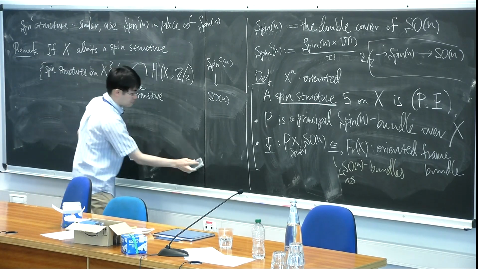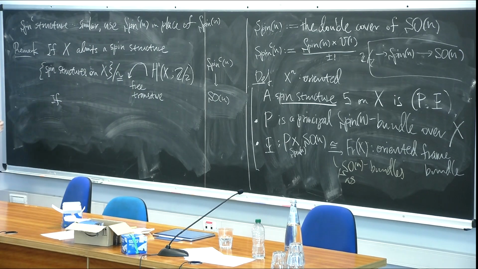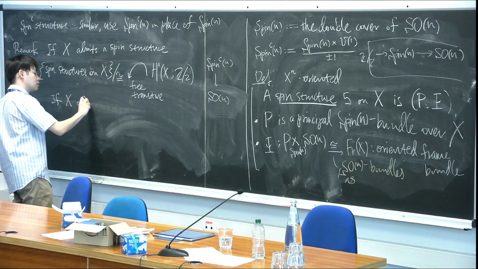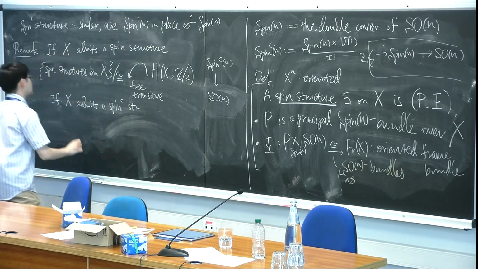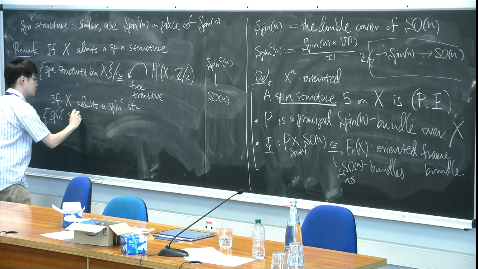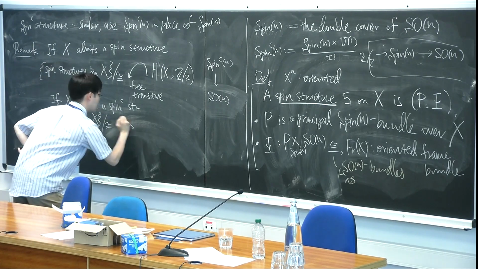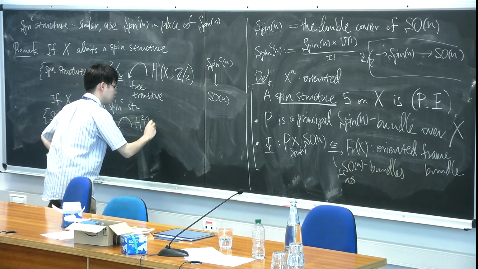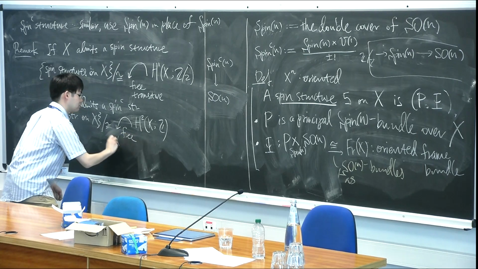And similarly, if your manifold admits a spin-C structure, which is always the case if your manifold is of dimension at most 4, then you have a similar correspondence from the set of spin-C structures on X, up to isomorphism. You have, again, an action from H^2 with integer coefficients. And again, this is free and transitive.